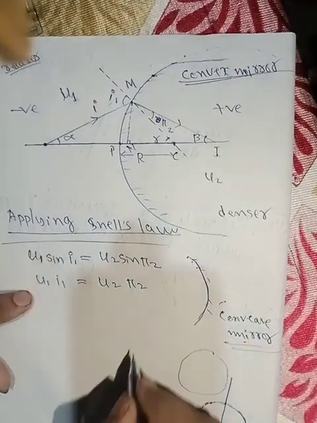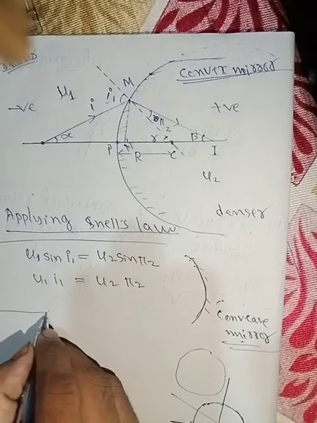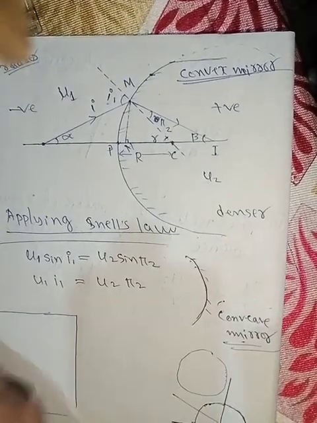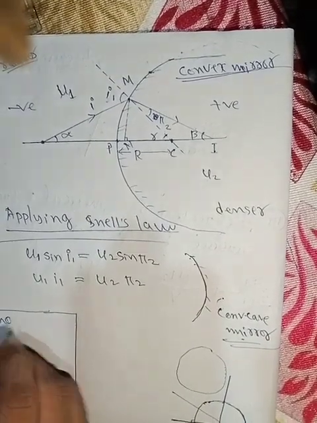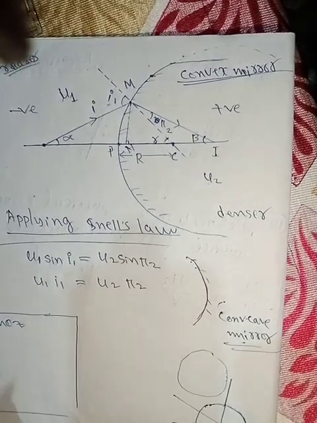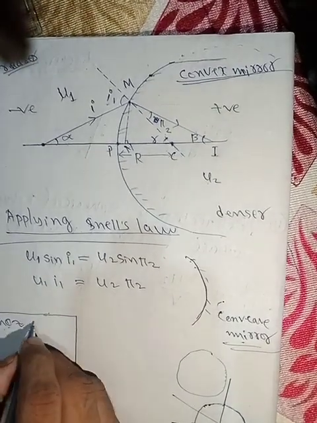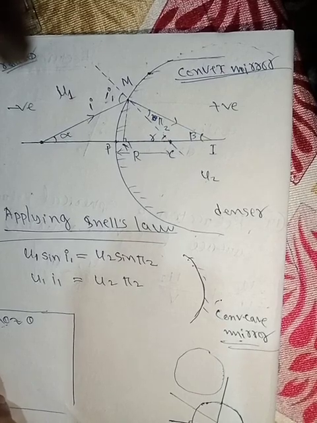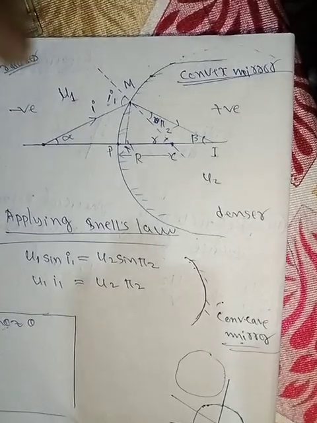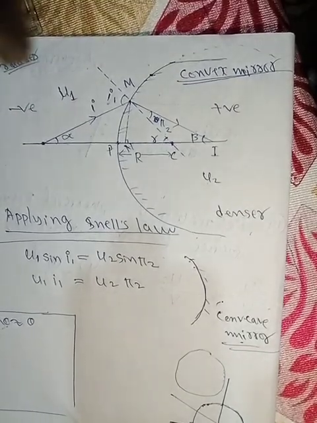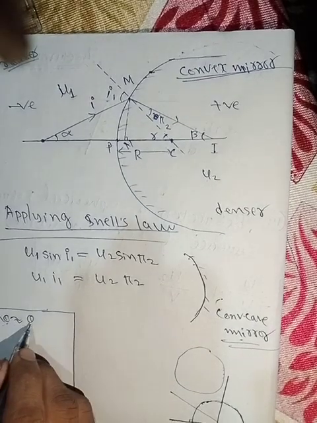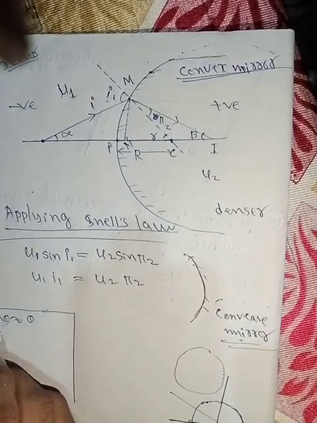Let's say this is sine theta. For a very small angle, you can write sine theta is equal to theta, and this theta must be very small.